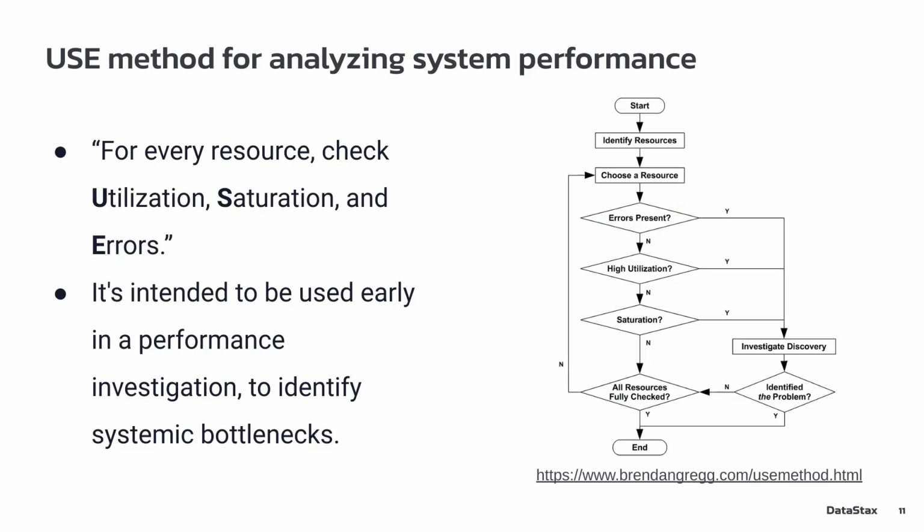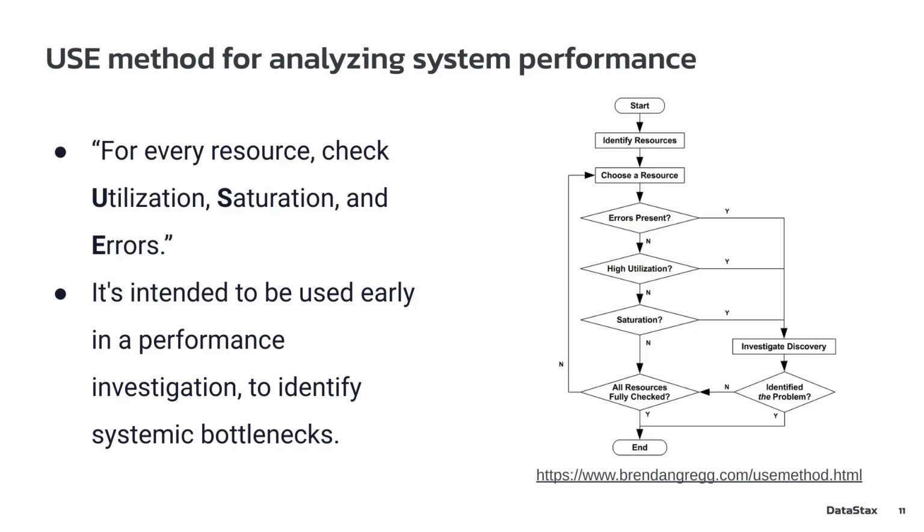There's also another systematic approach, which is for identifying these bottlenecks. This is the USE method introduced by Brendan Gregg, and here's also this diagram from Brendan Gregg's webpage about this USE method.